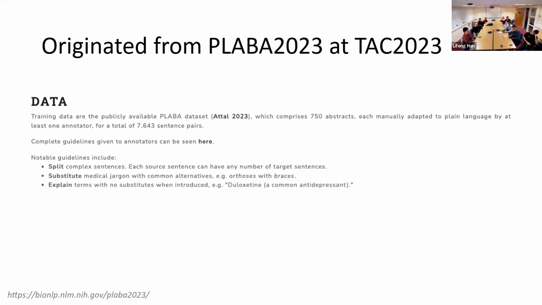Each was manually adapted to plain language by at least one annotator, for a total of 7,000 plus sentence pairs. And the complete guideline is on their website. Here they listed three notable ones. One is called split, another is substitute, and the third one is explain terms. That is how they suggested the task should be approached.